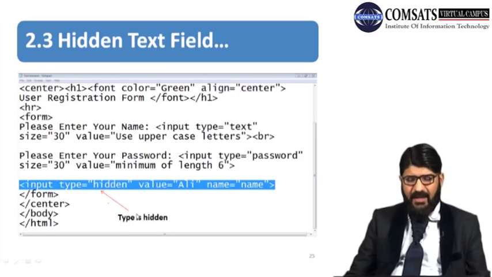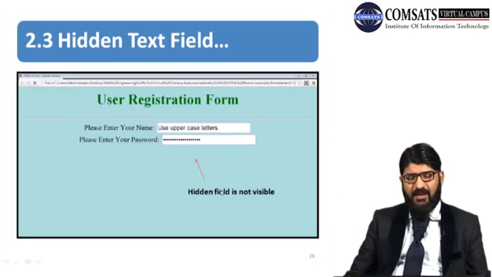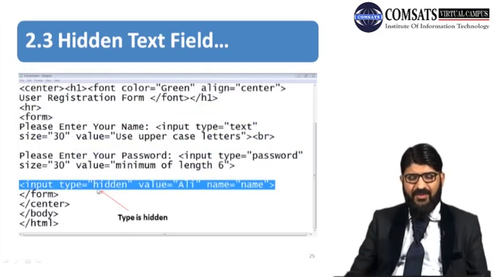So the type is hidden. When you give the hidden type, what happens? That hidden field is not visible. If you go back to the slide and see, the code is written input type hidden, but because the type is hidden, it will not be displayed on the user screen.